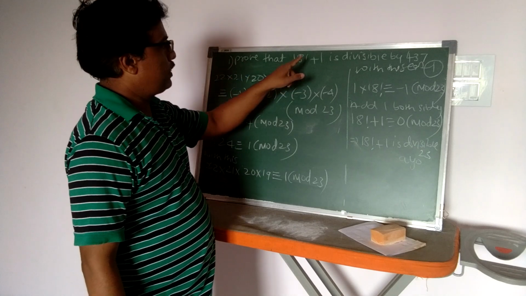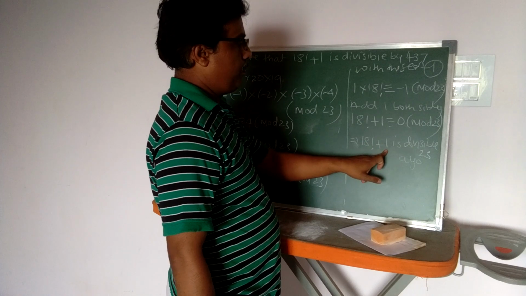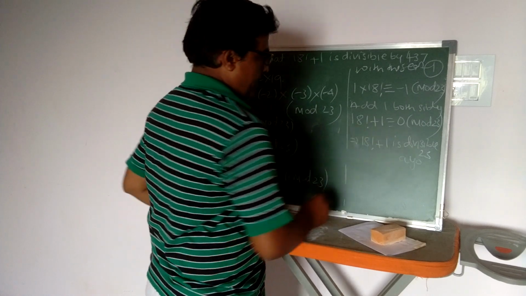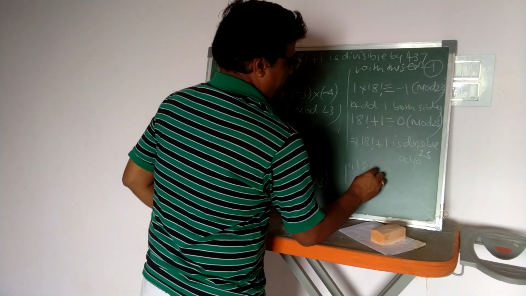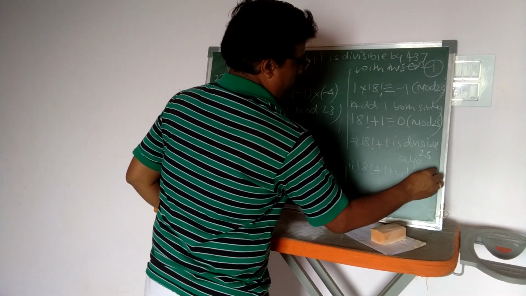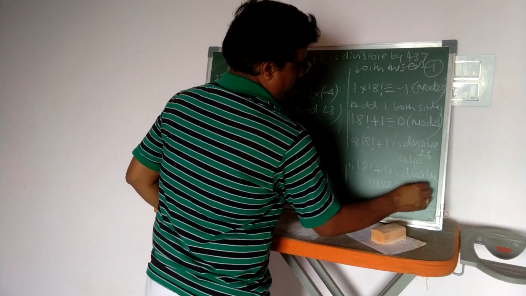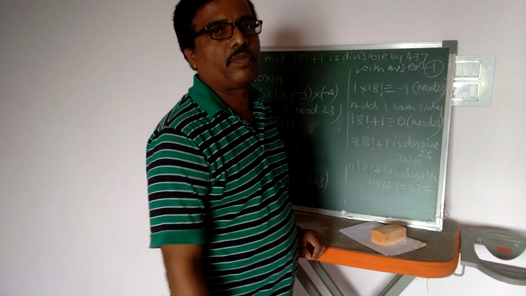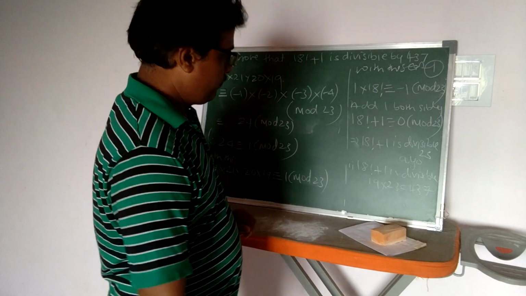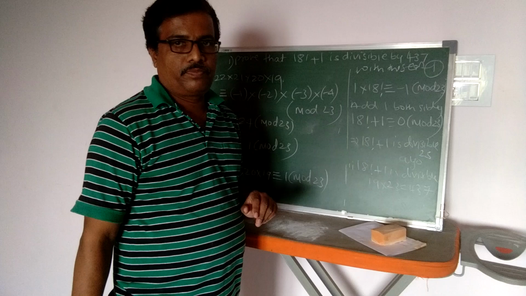So earlier we have proved 18 factorial plus 1 is divisible by 19, and now we have proved 18 factorial plus 1 is divisible by 23. So therefore 18 factorial plus 1 is divisible by 19 into 23, that is 437. Okay, so this is the solution of the problem.